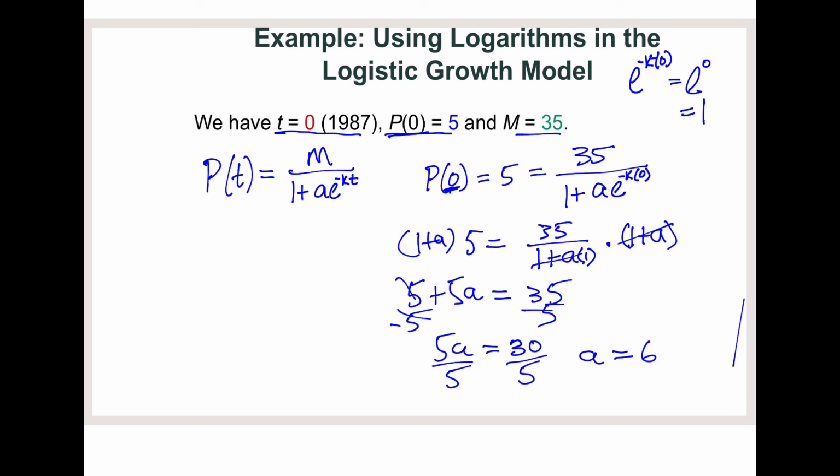So I further have my formula here for this situation. M is 35. 1 plus A is 6, so we have 6 in there times e to the minus kt. We still need to find the rate of growth, right? That's my next goal here, but we're one step closer.